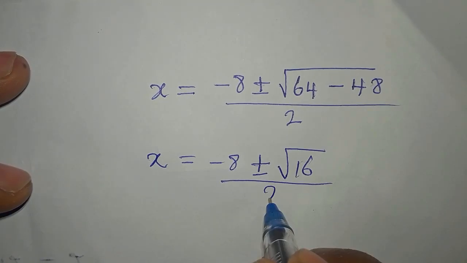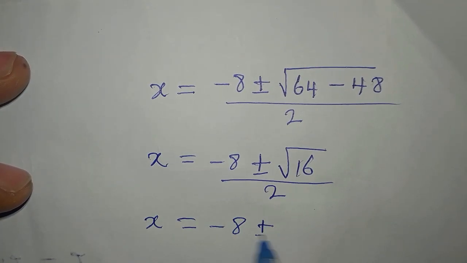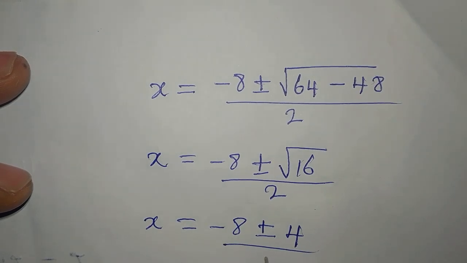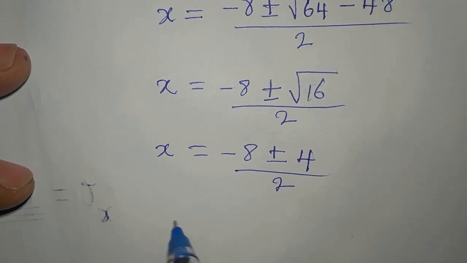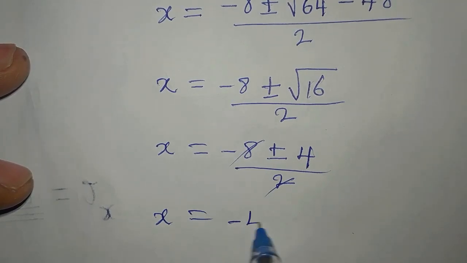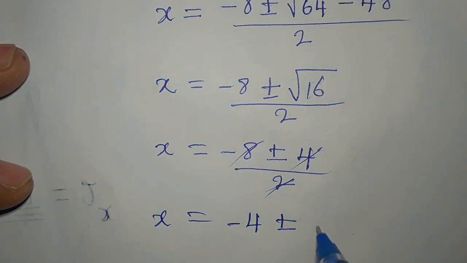And this will be divided by 2. Now this means that our x is equal to minus 8 plus or minus 4, because square root of 16 is 4. Then we divide by 2. What can we do? Let's divide. So x is equal to 2 will go there, and we have minus 4 plus or minus. The same 2 will go here, and we have 2.